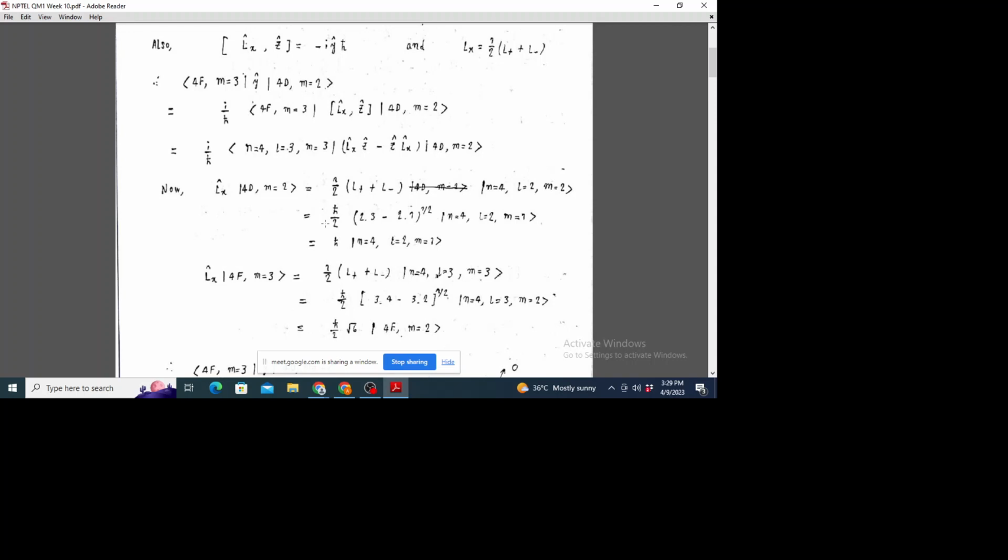Evaluate that and you will get this. So Lx acting on 4d m equal to 2 is h cut times n equal to 4, L equal to 2, m equal to 1. This is the action of Lx on the 4d m equal to 2 state.